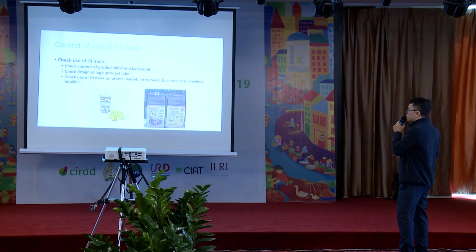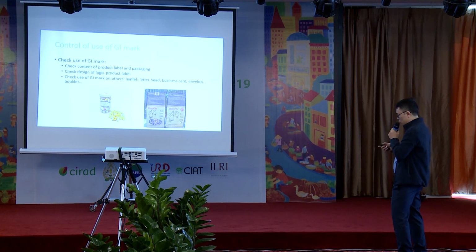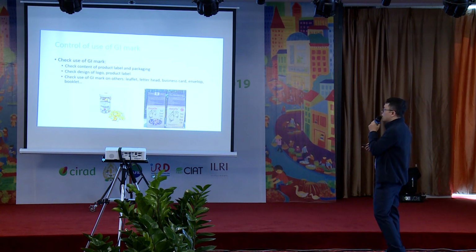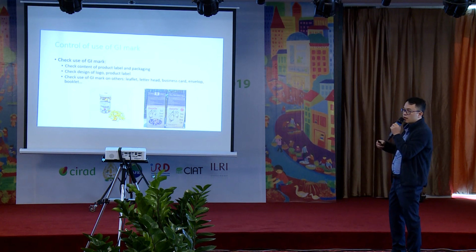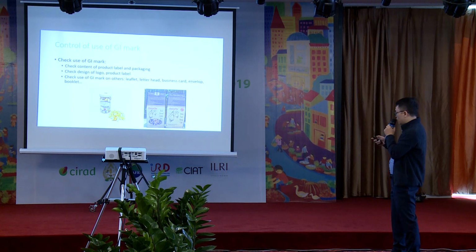And the last one is to control the VI marks. The VI mark here means the VI logo. You can see on the screen. So this is the Bình Phước Cashew Nut logo, VI logo, and you can see it here on the label of the product.